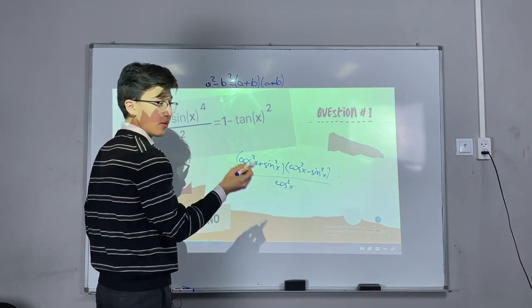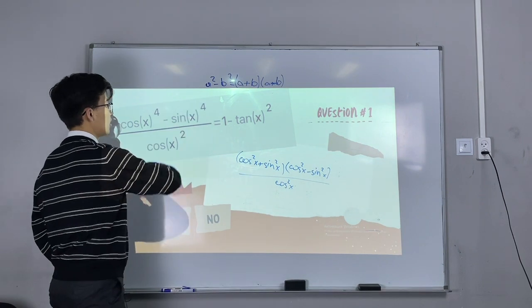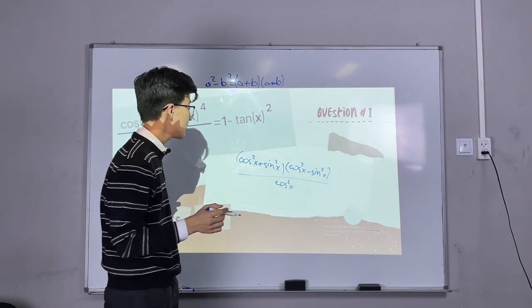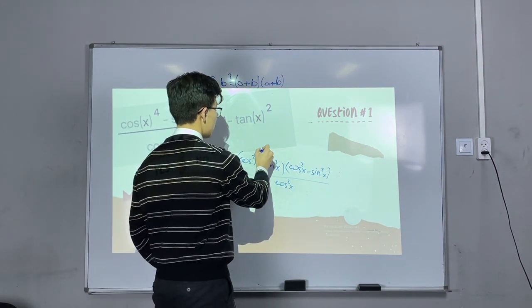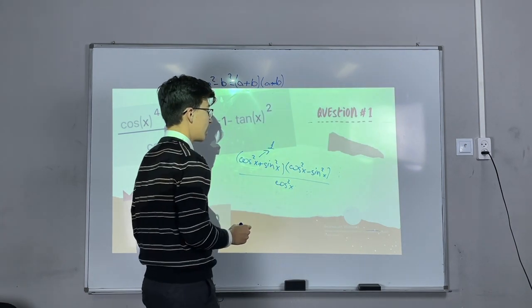And as we said, we work only with the left side of our trig identity. And here we know that cosine squared plus sine squared is equal to 1.